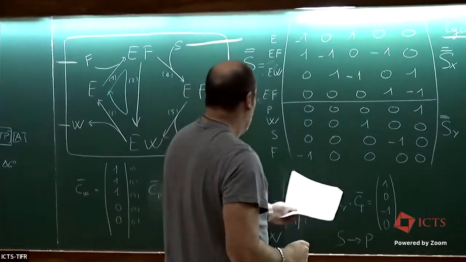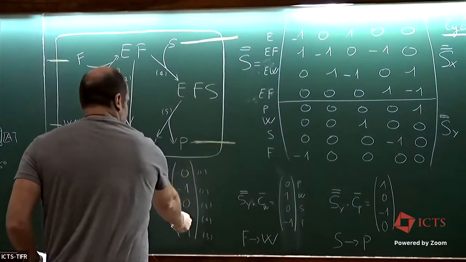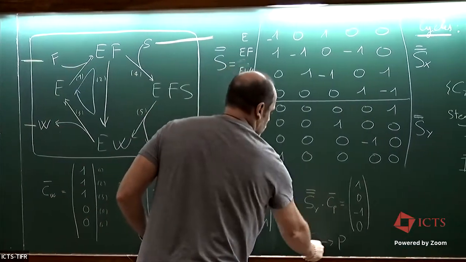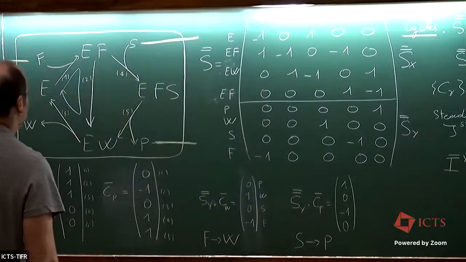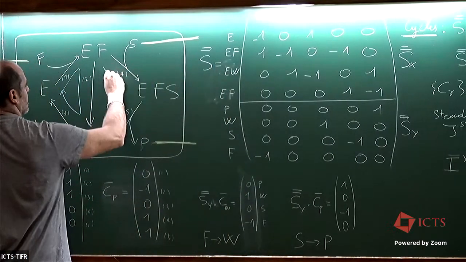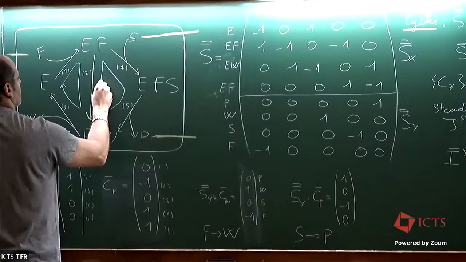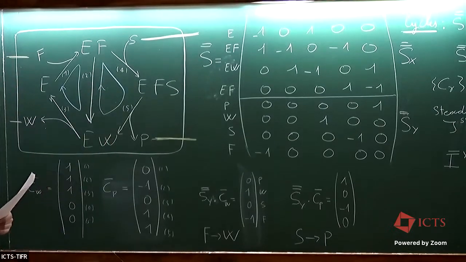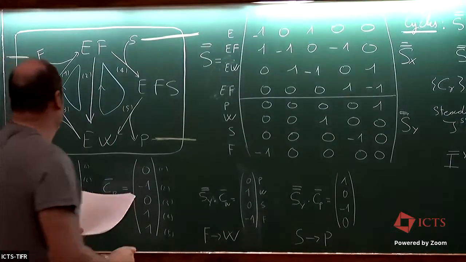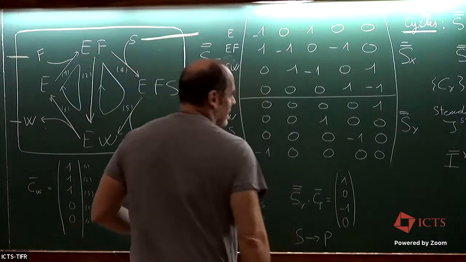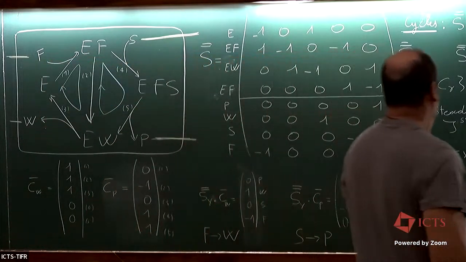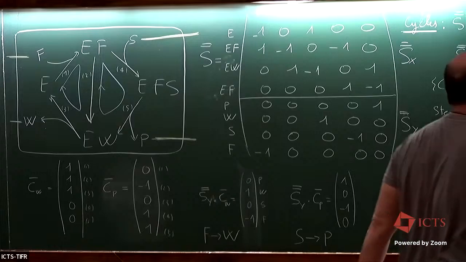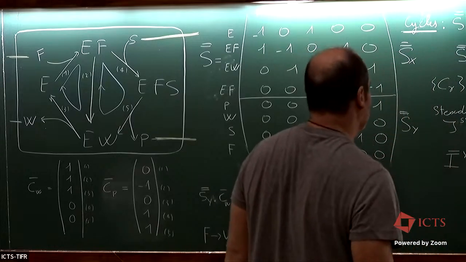And the other one, same thing, corresponds to S going to P. And so that is a cycle doing this. So that's the meaning of Sy acting on an emergent cycle.